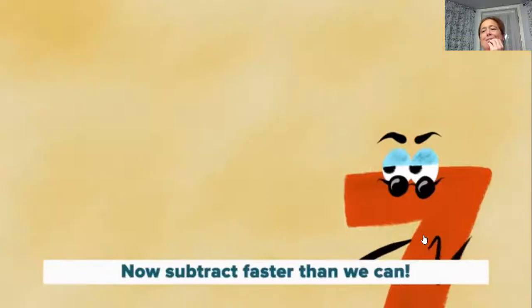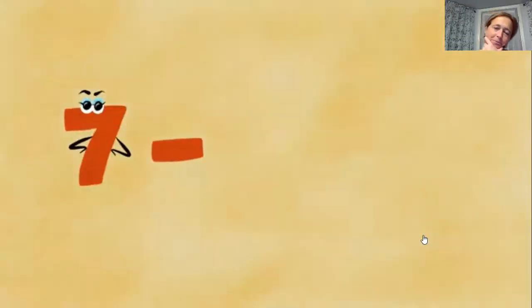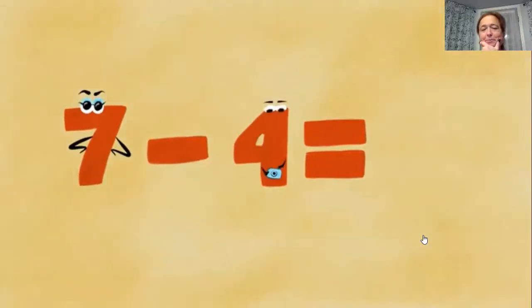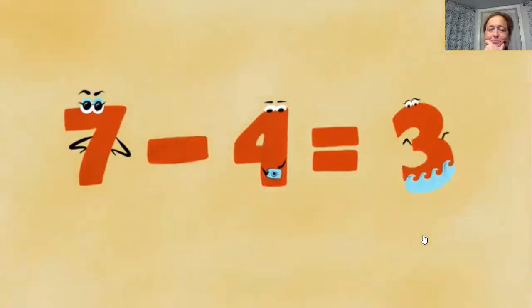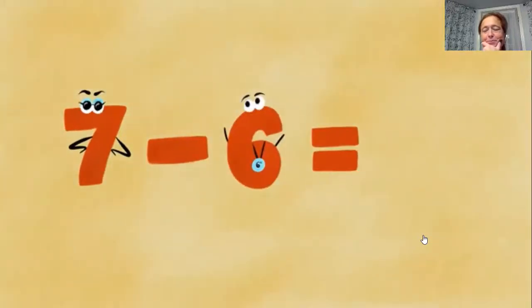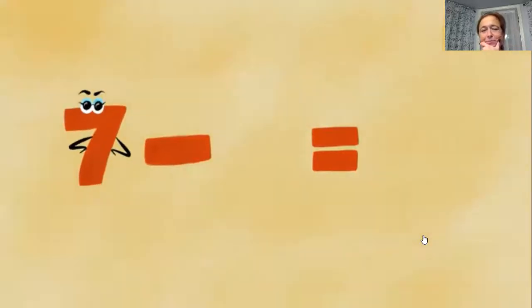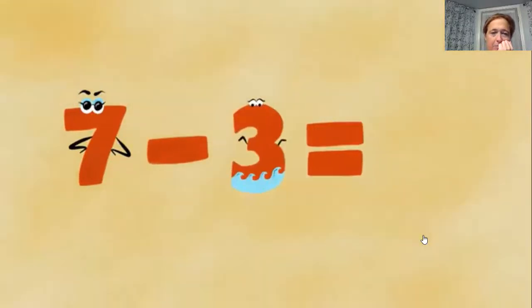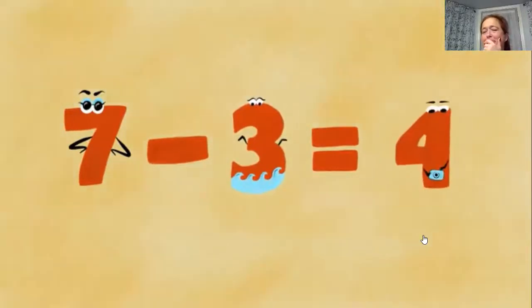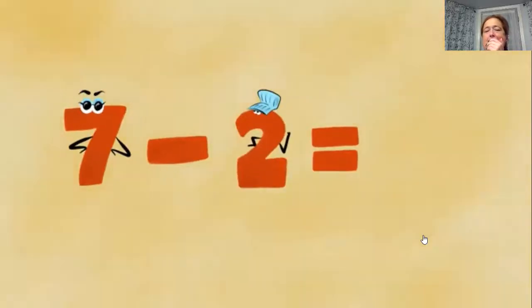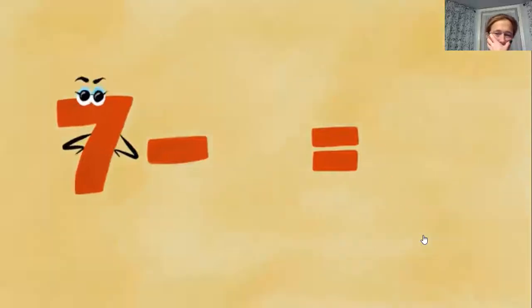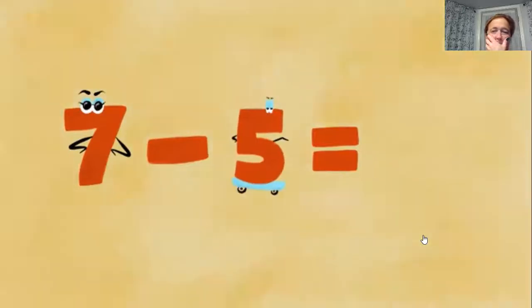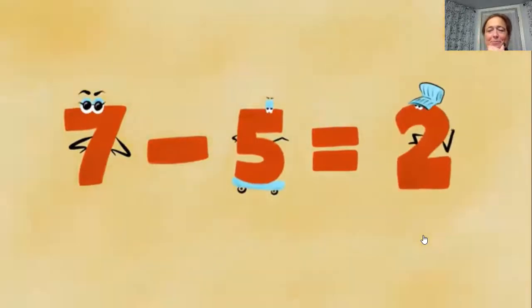Okay, now subtract faster than we can. 7 minus 1 equals 6. 7 minus 4 equals 3. 7 minus 6 equals 1. 7 minus 7 equals 0. 7 minus 3 equals 4. 7 minus 2 equals 5. 7 minus 0 equals 7. 7 minus 5 equals, come on, 2.